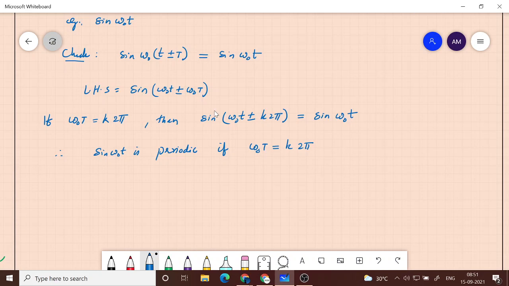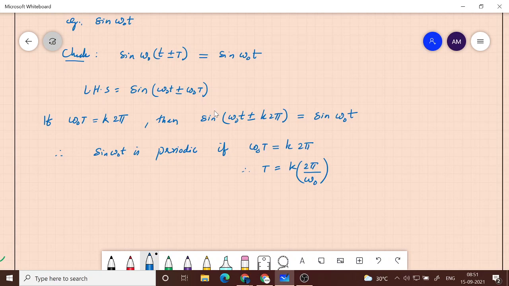Therefore the period T is 2 pi by omega 0, or any integer multiple of 2 pi by omega 0.